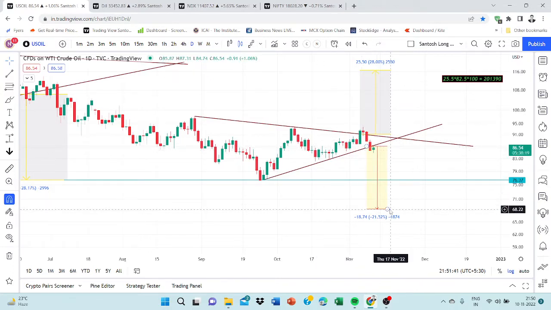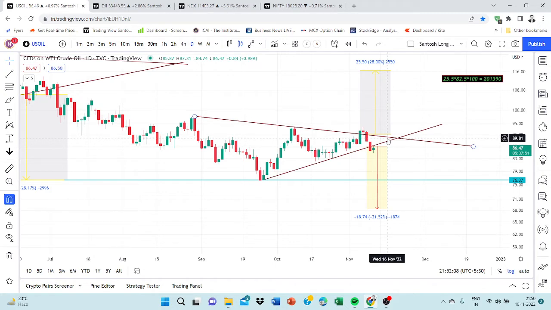This will be the target, 68.22, and the stop loss will be precisely this, 87.87 dollars, or if you want, you can take this much, 88.57 dollars, but that will be a huge stop loss. So the precise stop loss will be this or this. If price goes above this, then again we should exit.